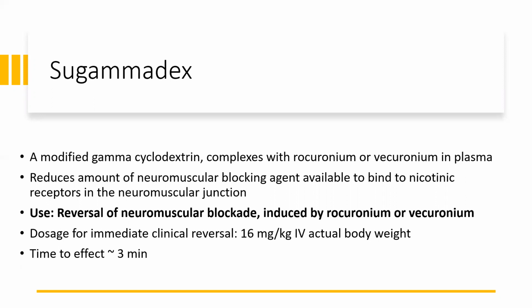So in effect, it will reverse the neuromuscular blockade. However, in the setting of an urgent reversal of paralysis, you need to use a pretty high dose. So the dosage for immediate clinical reversal is going to be 16 milligrams per kilo IV of actual body weight.